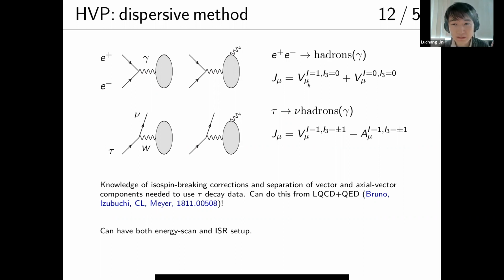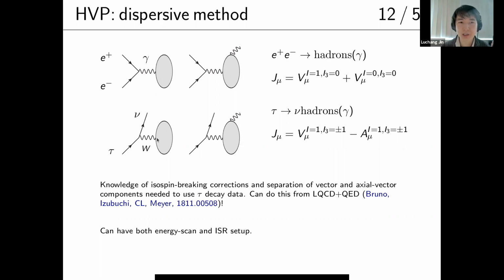So this is actually the method which gives the standard model predictions that we mentioned before. There's another way, which is using the tau decay, which emits a W boson and then goes to hadrons. The experimental accuracy for the tau case is also pretty good.